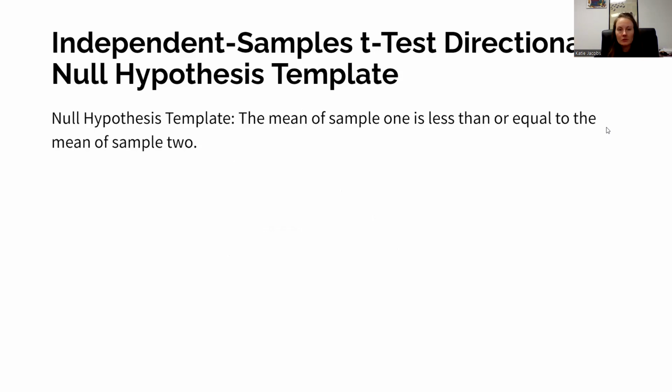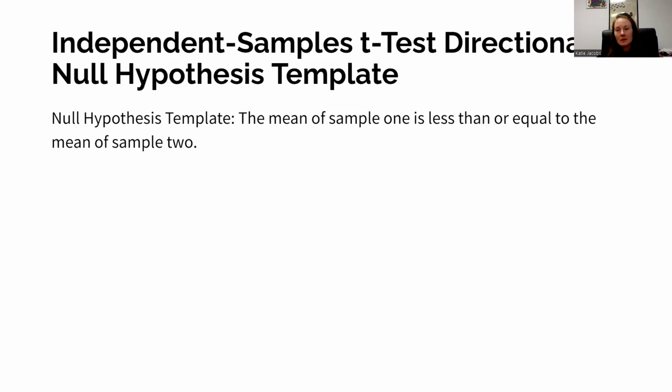And we can also have a template to translate the null hypothesis that was written in symbols into words. And here I have the null hypothesis template. So you'd write null hypothesis, you'd put a colon, the mean of sample 1 is less than or equal to the mean of sample 2. And it's really important. You will really want to save these PowerPoints and these slides, not just for this class. They're really handy, especially while working through different assignments for the class.